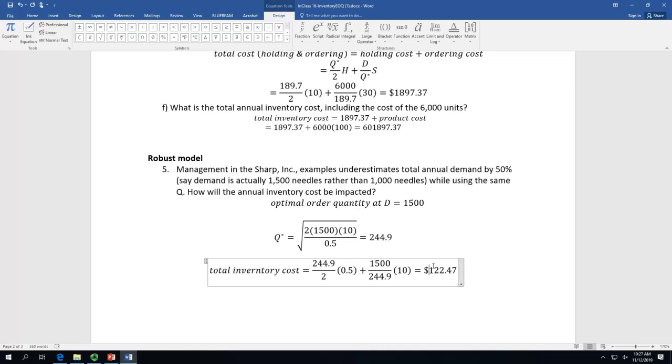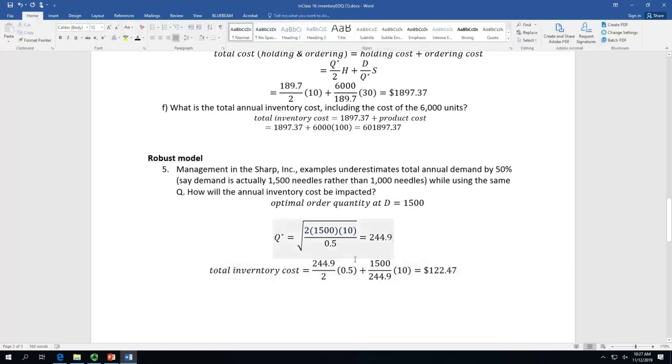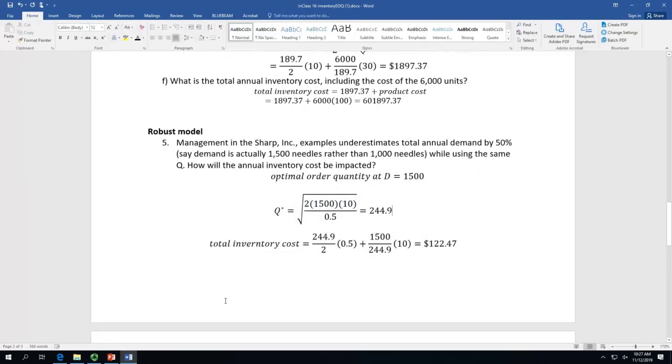That's the true model, which gave you the true result, so we didn't use the approximation at all. We calculated the optimum order quantity of 244.9 and used it to get the total cost.